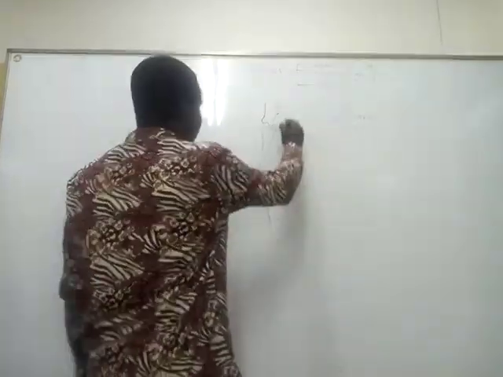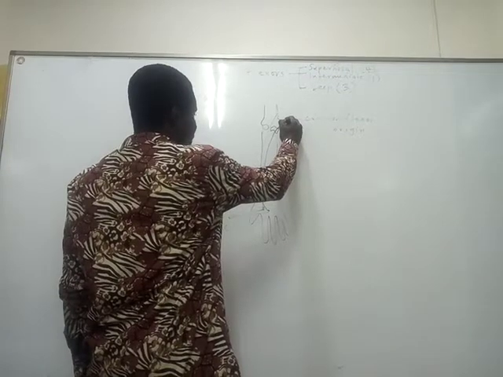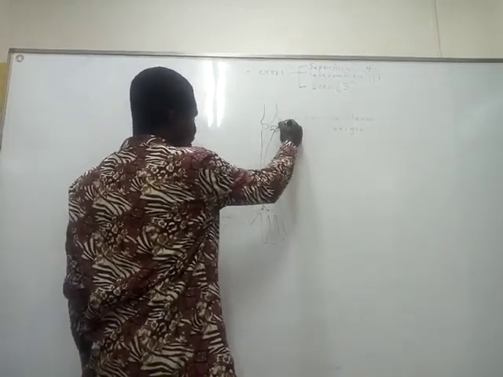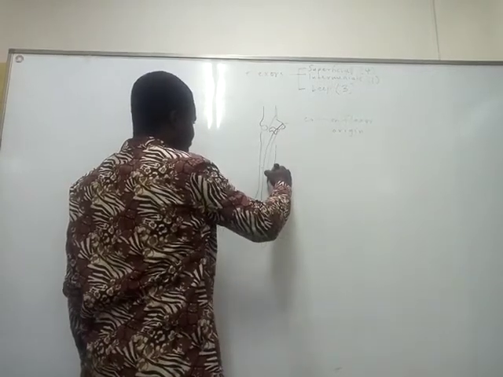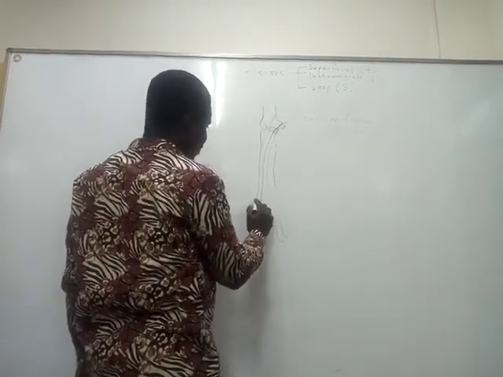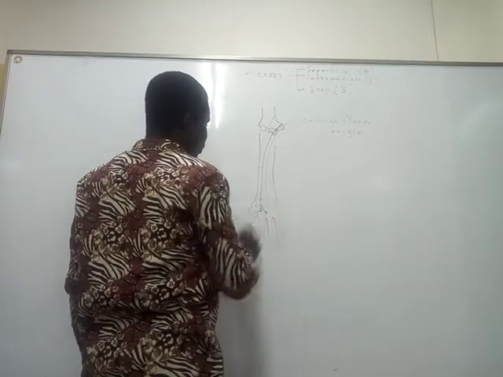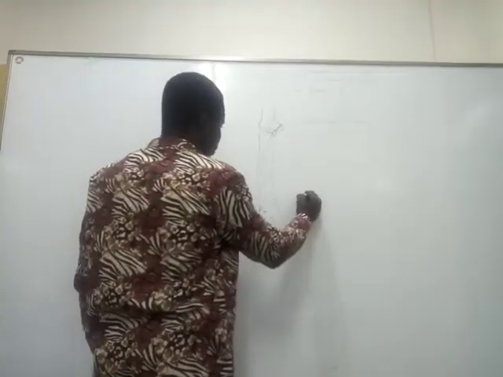Now, the next muscle, which also takes origin from the common flexor origin, that's the medial epicondyle, and comes. Now, this time around, there's a band of fibrous tissue known as flexor retinaculum.